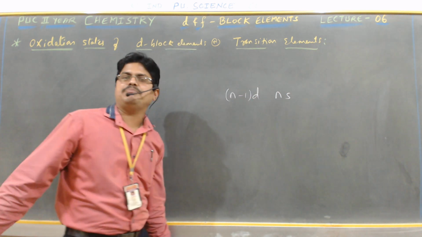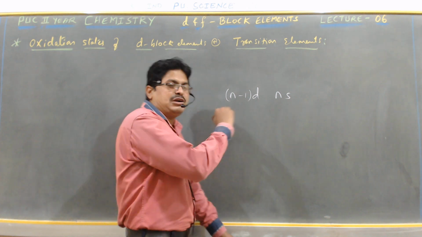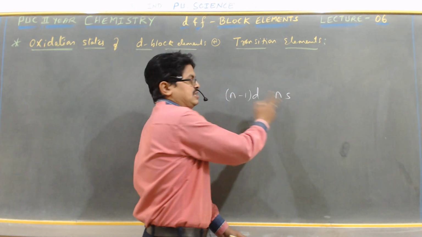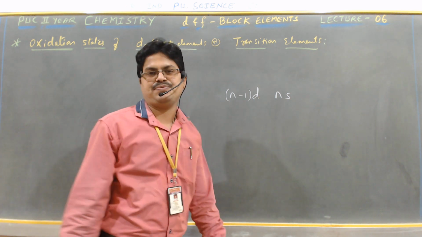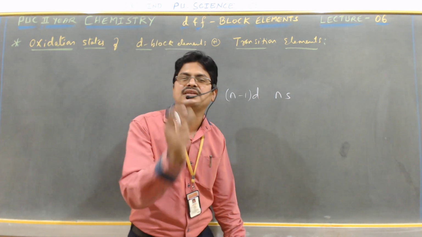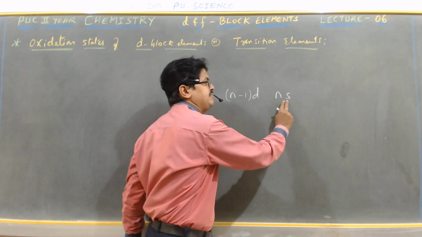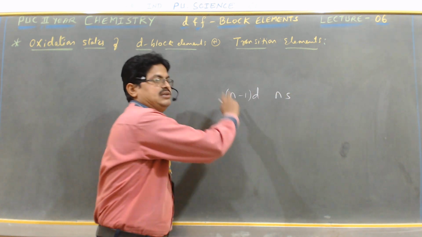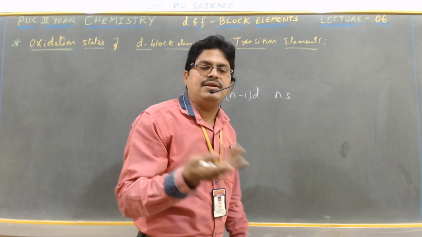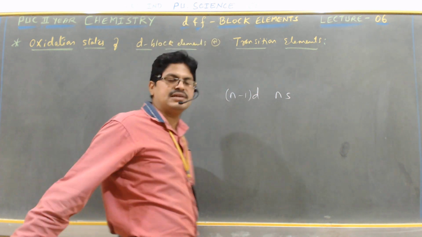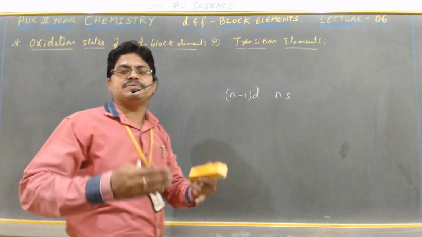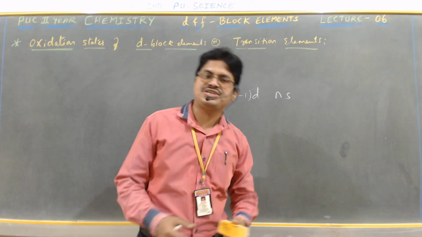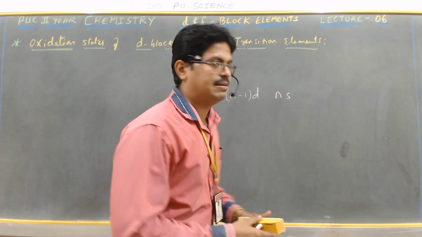Why, sir? Because of the small energy gap between the ultimate shell and penultimate shell, electrons are involved in bonding from both shells. That's why D block elements or transition elements exhibit variable oxidation state when compared with other blocks.